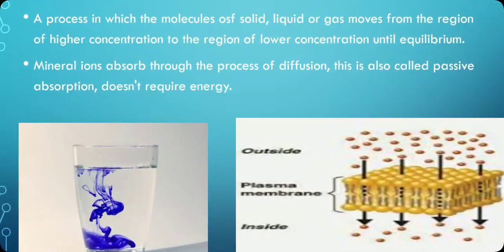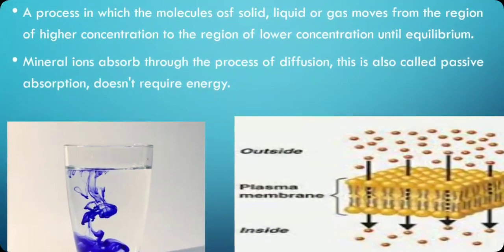Diffusion is just like osmosis. Diffusion is a process in which molecules move from the region of their higher concentration to the region of their lower concentration. As in osmosis, the same thing happens. What's the basic difference between these two?